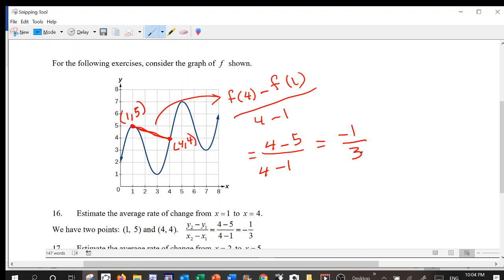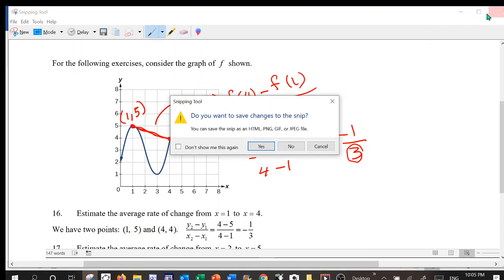That means for every 3 units of change to the right, on average we had 1 unit change in y downwards, right? And that's number 16.